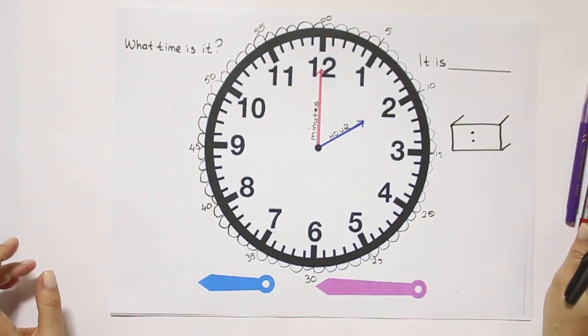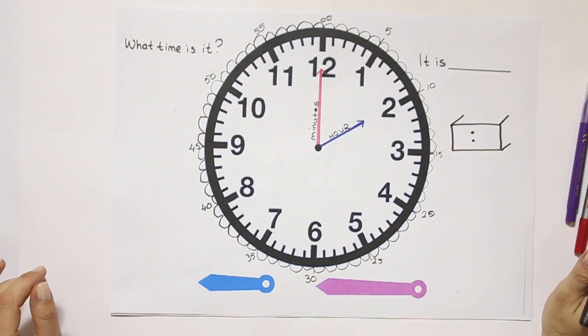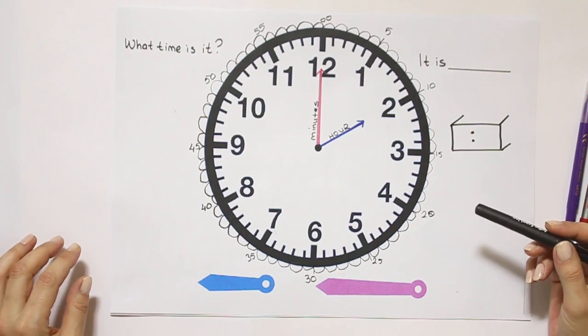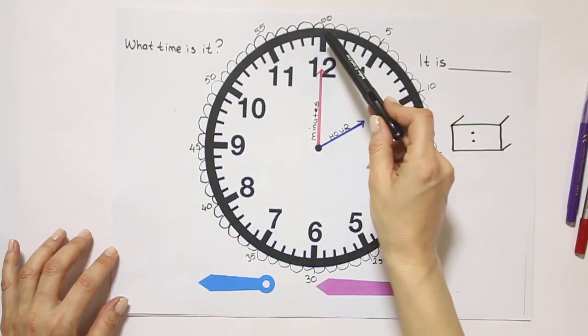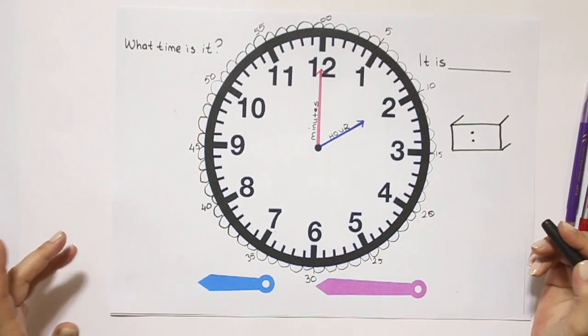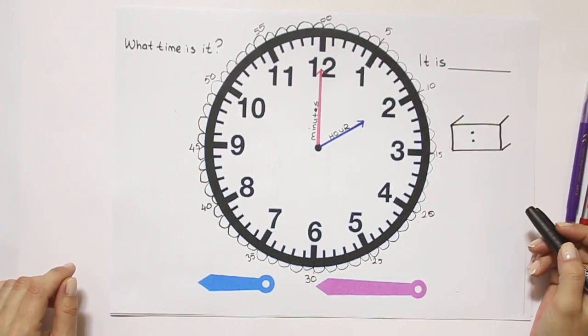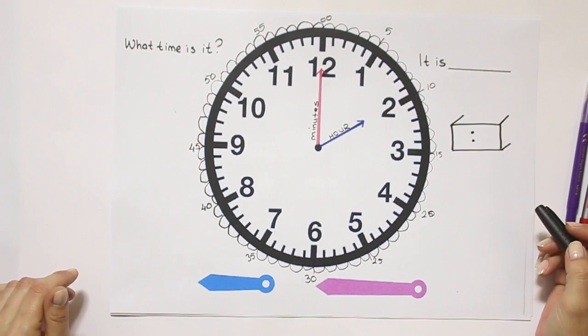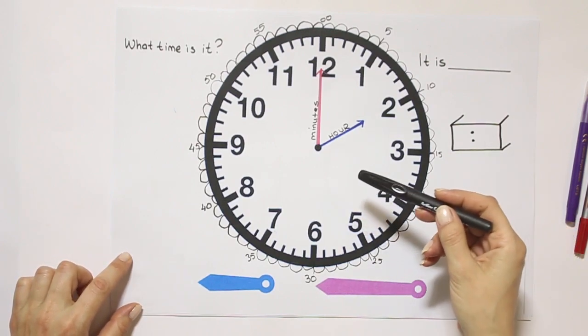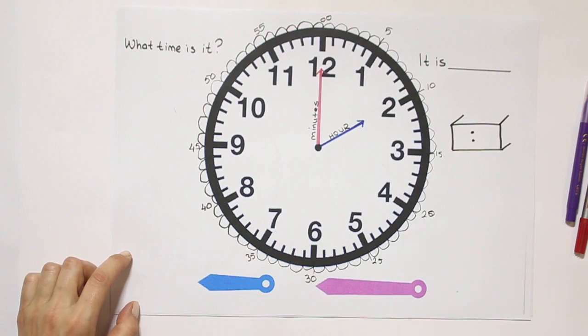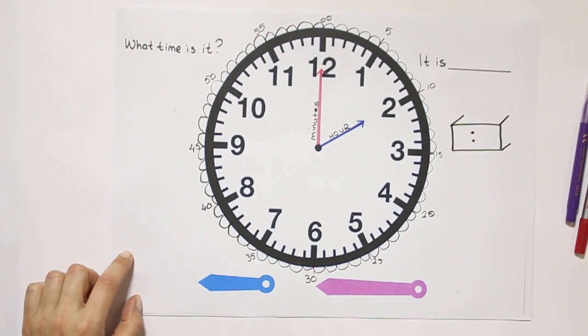So there are 60 minutes in 1 hour. On an analog clock, the 12 means 0 minutes. Another way to say 0 minutes is o'clock. When the long hand points to the 12, we say o'clock.